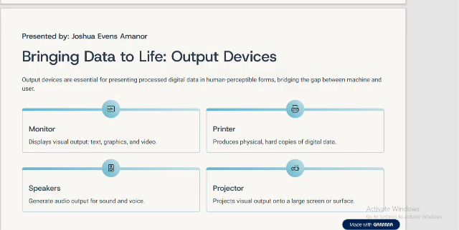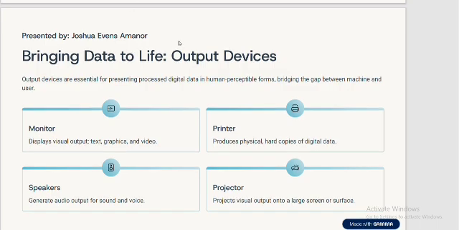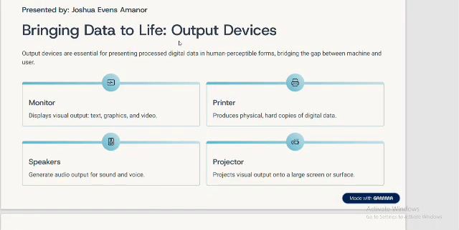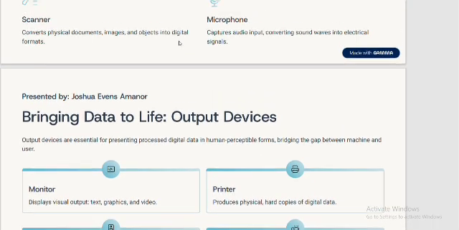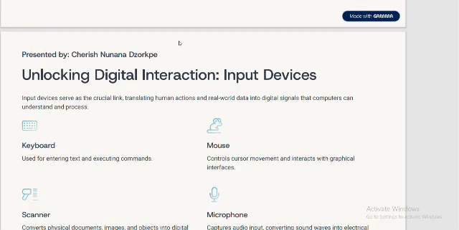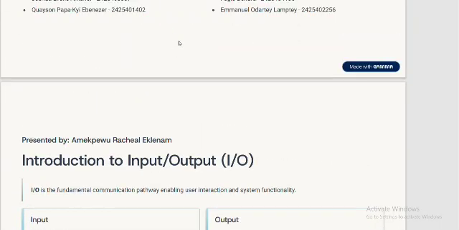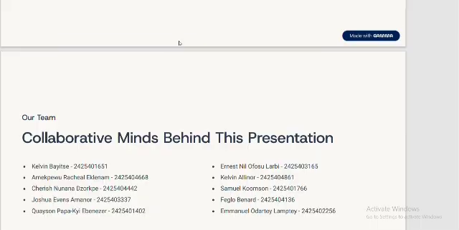To continue from where my colleague left off, he spoke about bringing data to life, the output devices, and unlocking digital interactions, the introduction to input and output.